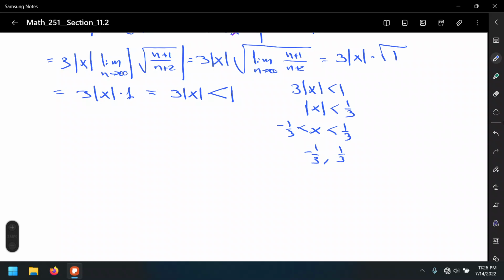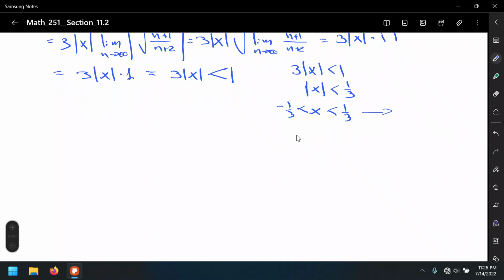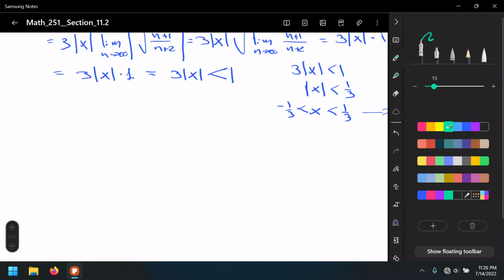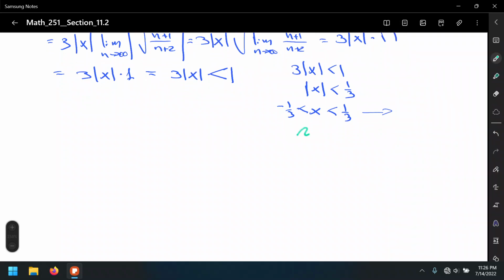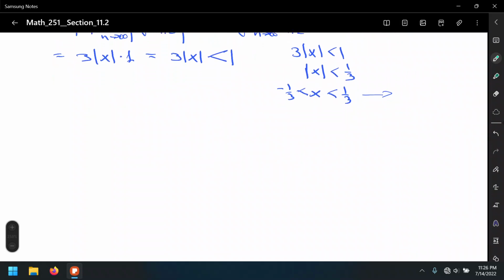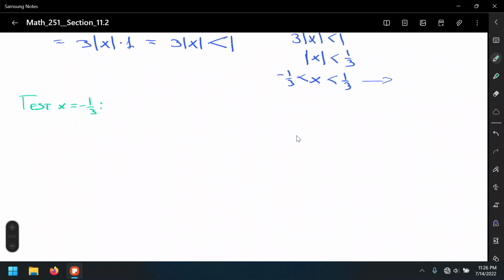How do we know that? We need to test the endpoints. So for the original series, test x equals the lower endpoint, negative 1/3. So we write down the series.